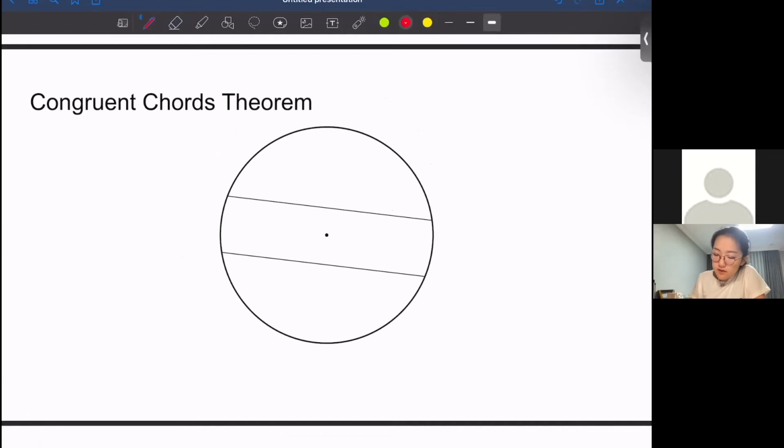So the congruent chord theorem. This is chord AB, this is chord CD. We will be given that AB equals CD, which means that they have the same length. And this will tell us that arc AB is congruent to arc DC.